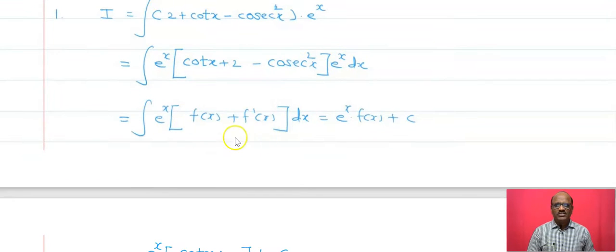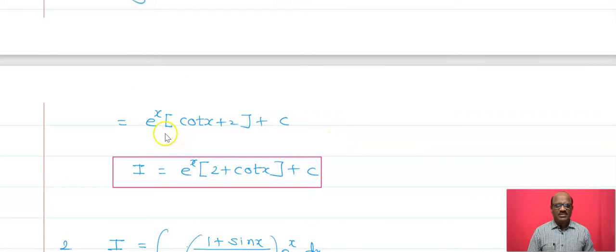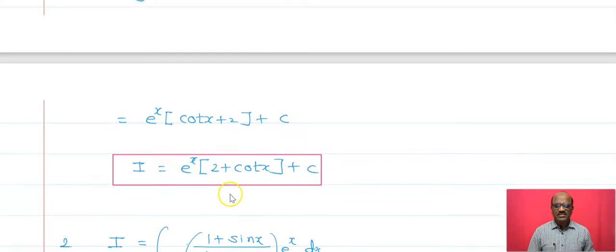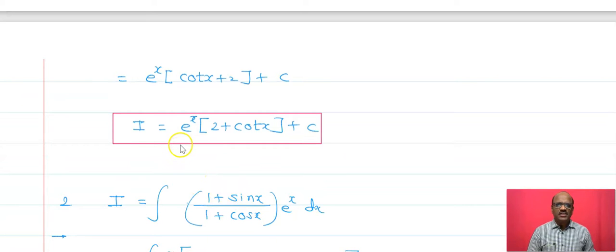Now by using this formula, integral e raised to x (f of x plus f dash of x) dx is directly e raised to x f of x plus c, and hence our answer is e raised to x (cot x plus 2) plus c. So I is equal to e raised to x (2 plus cot x) plus c.